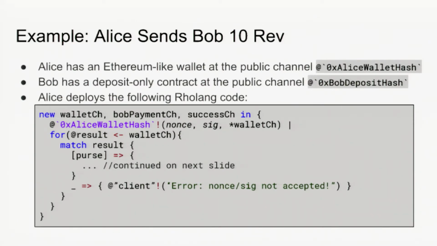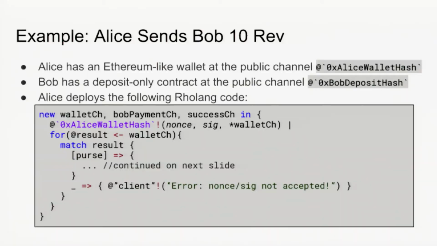All right, so we're going to send Bob 10 rev, and I'm not quite sure what he's doing here, but the first thing is that address is public, and like Mike said, it would live on the bottom namespace and never do anything.